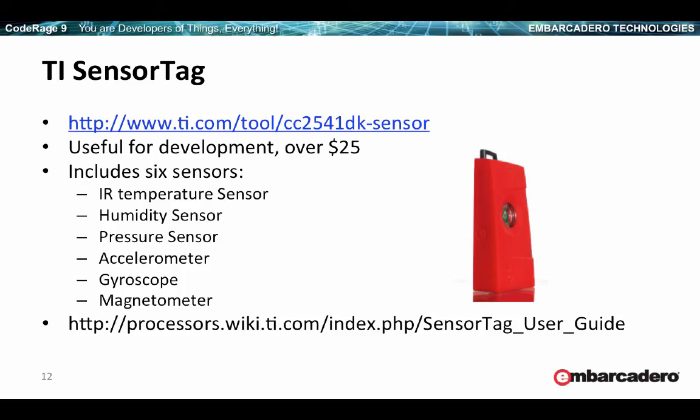And Texas Instruments provides a wiki with enough information to get all data from the sensors. I'm going to use this device in the BluetoothLE demo because it's interesting to know how to connect and manage devices that don't implement standard GATT profiles. With enough information, using the framework, you can connect to any BluetoothLE device.